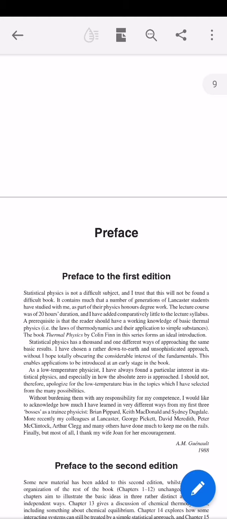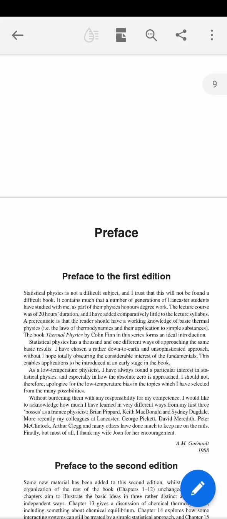Statistical physics has 1,001 different ways of approaching the same basic result. I've chosen a rather down-to-earth and unsophisticated approach, without, I hope, totally obscuring. He's writing as though he was talking, which is slightly not very friendly to people with English as a second language, ESOL.